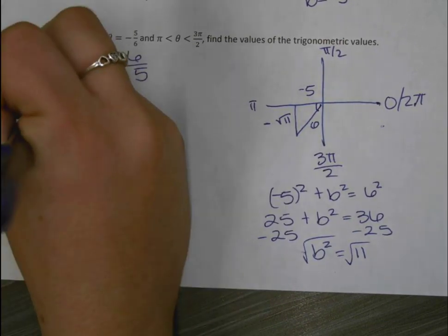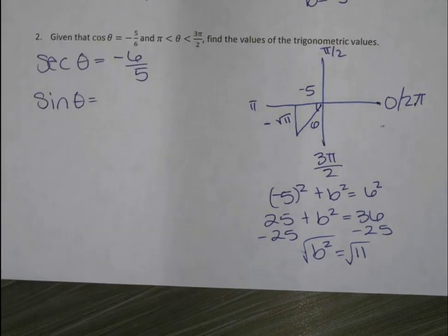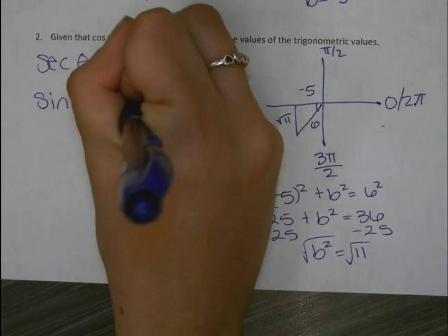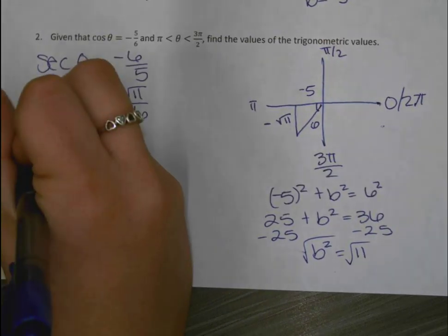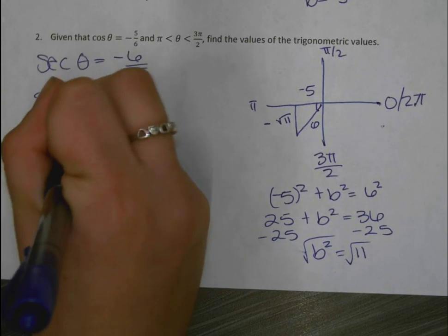Okay. Then I'm going to find my sine, which is opposite over hypotenuse, so I have negative square root 11 over 6. I said I can move it to the top or bottom. I just like having my negatives on top. Okay. Then my opposite of sine is cosecant.